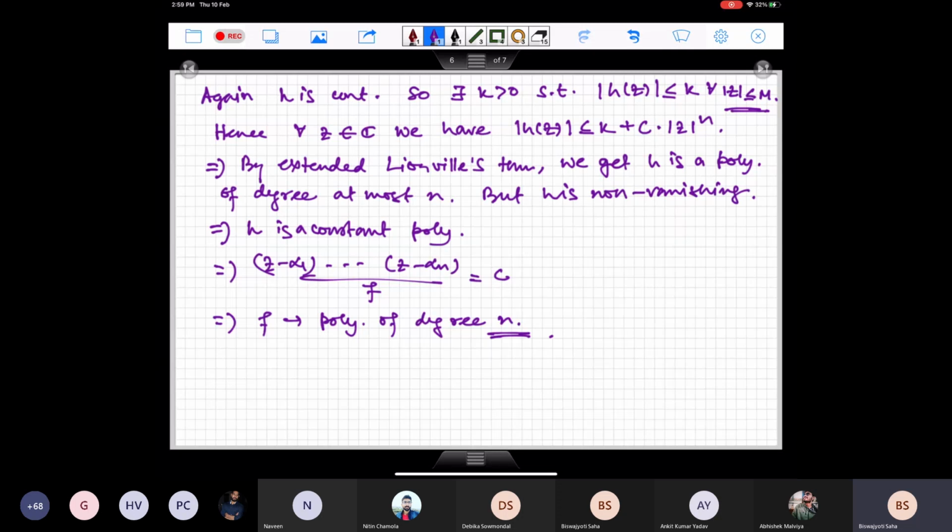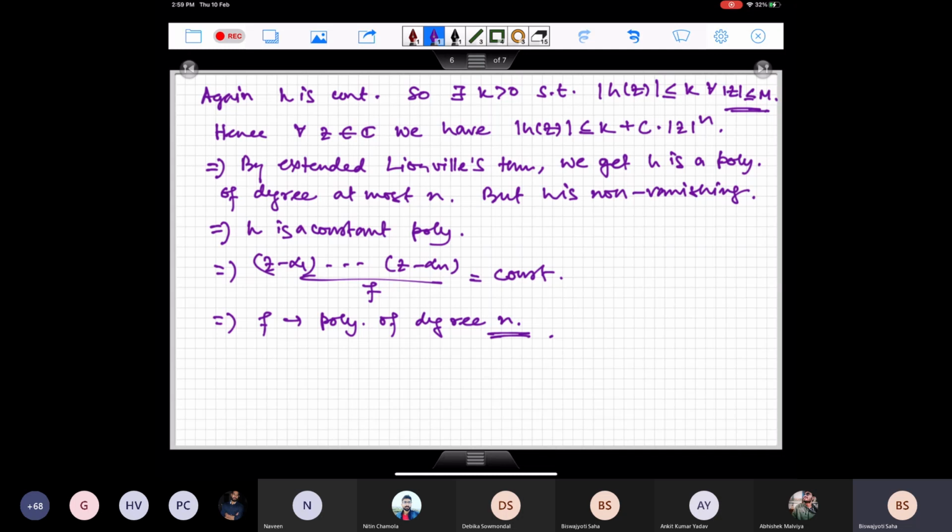Yes, sir. So therefore now I have proved that if I take any function whose growth is such that as mod z tends to infinity, the functional value in absolute value also goes to plus infinity, then the function has to be a polynomial.